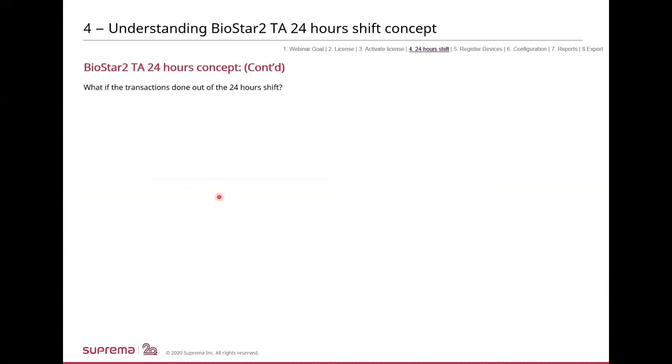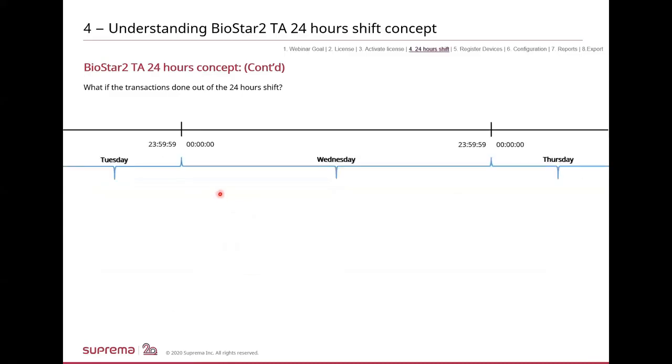So what if the transaction is done outside of the 24-hour shift? How will the report look? When we generate a report, what result are we going to find? So this is our normal day start time with 00, which is the same as the days. So if you come on a night shift and you check in at 8 p.m. and then you finish your duty and you check out by 5 a.m., what happened here?